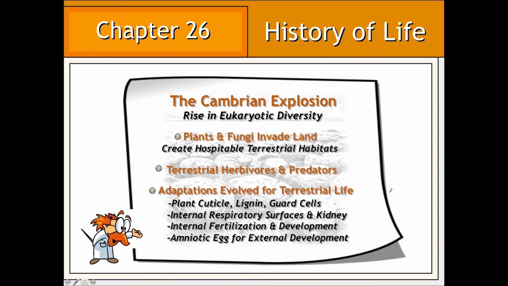During the so-called Cambrian explosion, whereby life begins to colonize terrestrial environments, it is the plants and the fungi that invade land first, and they create hospitable environments for the potential colonization of other organisms.